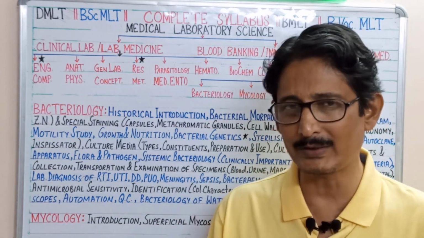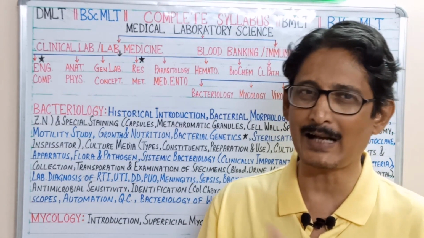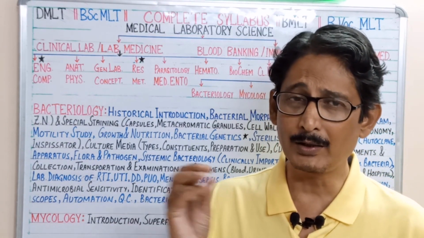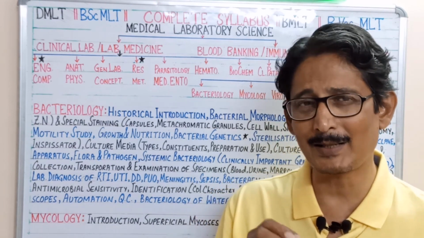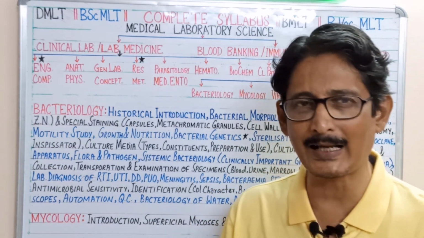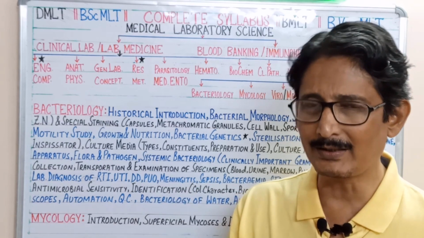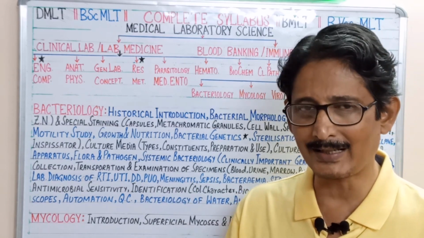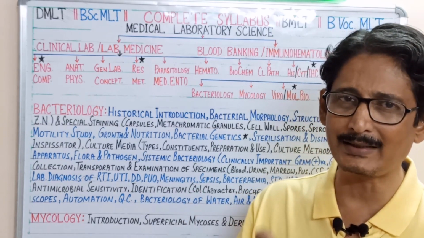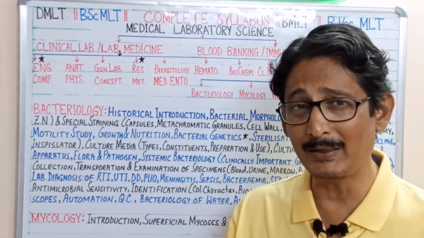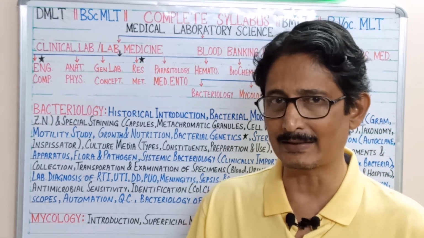So in vitro, that is in the laboratory, outside our body, we apply different types of antibiotics on that bacteria and study which antibiotic is able to kill all the bacteria.